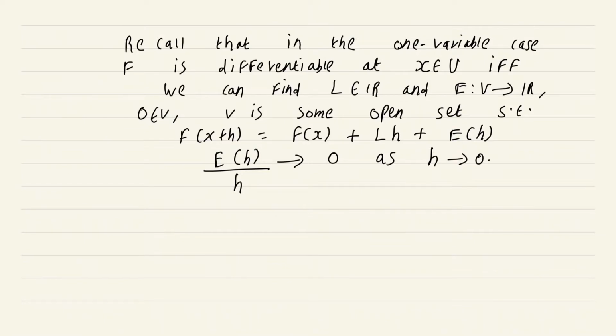Okay, now we are going to mimic this definition exactly. The key observation is the fact that the map h going to Lh is a linear map in the one variable case. Multiplication by a scalar is a linear map in the one variable case. So this viewpoint of the derivative as the best linear approximation allows us to define the derivative of a scalar valued function of a vector variable.